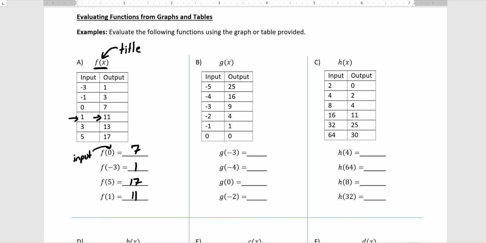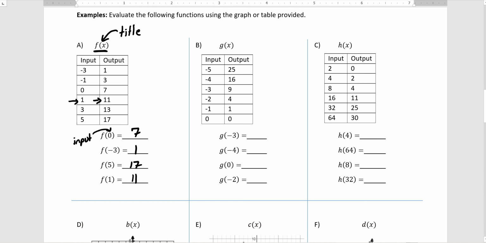Let's try another. Let's try letter B here, g of x. So remember, whatever is inside the parentheses, that's the input. So my input is negative 3, which means that my output is 9. My input is negative 4, which means my output is 16.